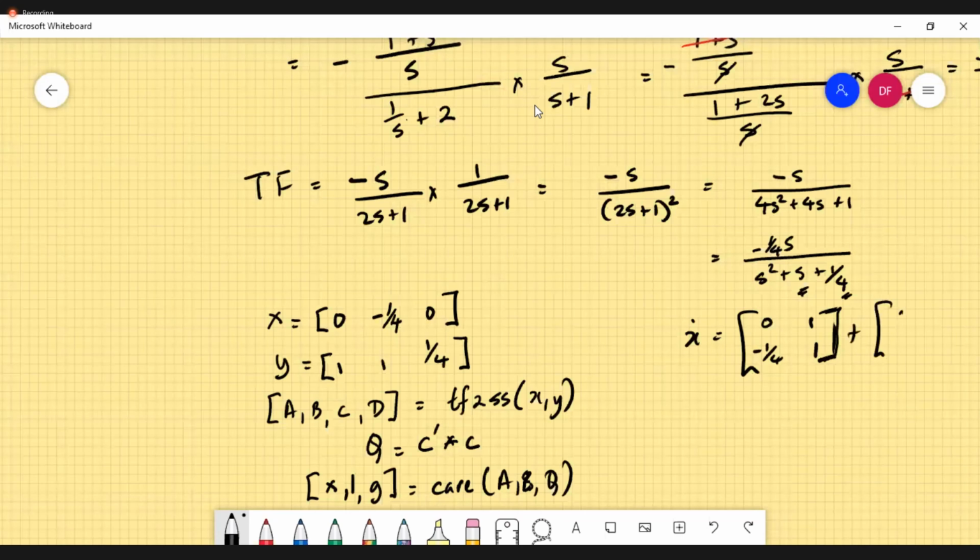Plus 0, 1 u, and y is equal to 0, and the s is negative a quarter.